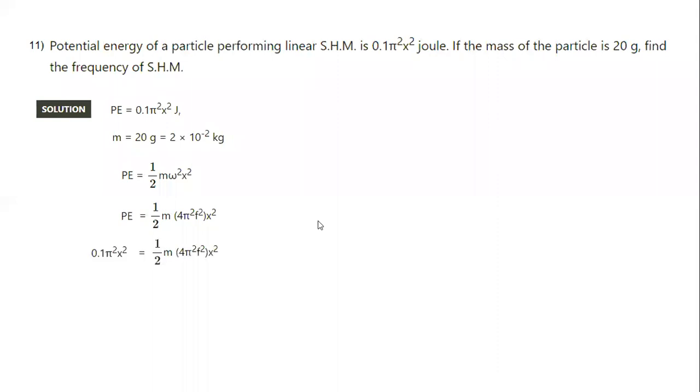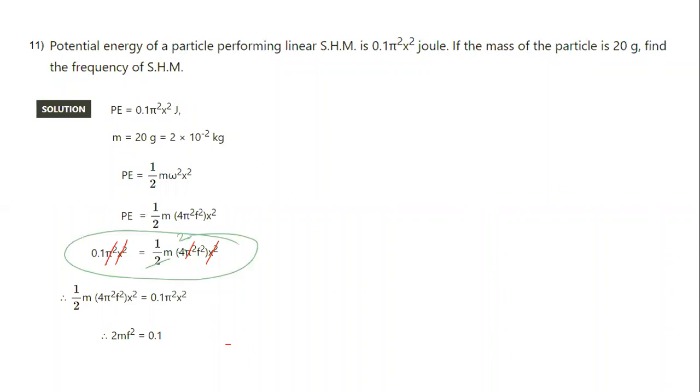As we substitute the value of the potential energy, x² gets cancelled, π² and this π² get cancelled, as well as this 2 and 2 make 4. After simplification we get 2mf² is equal to 0.1.